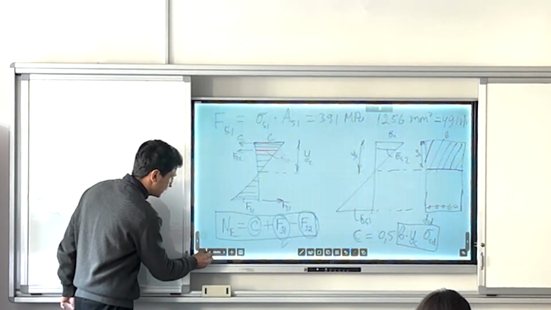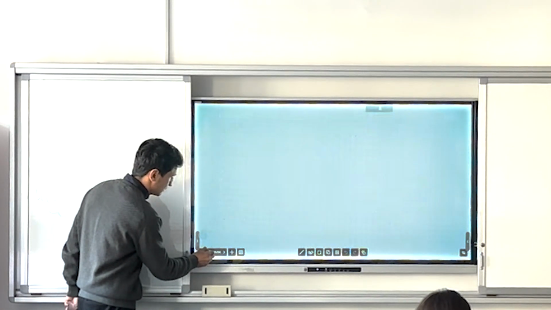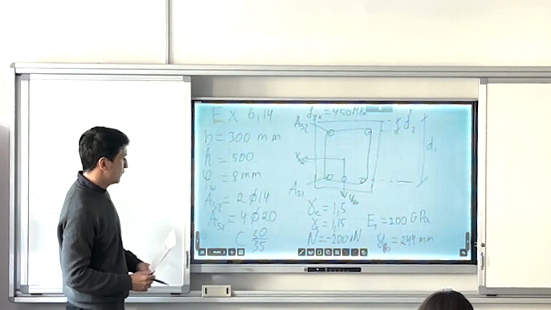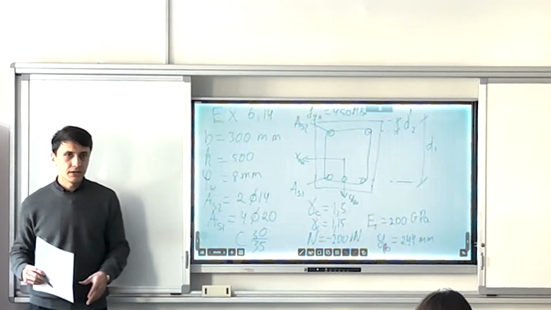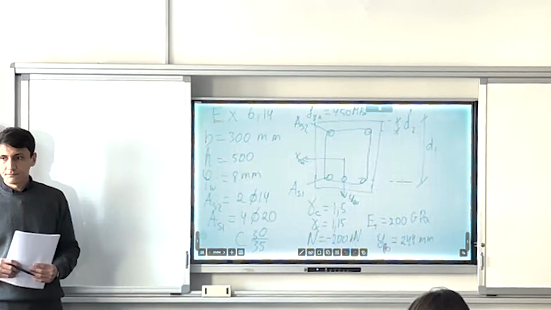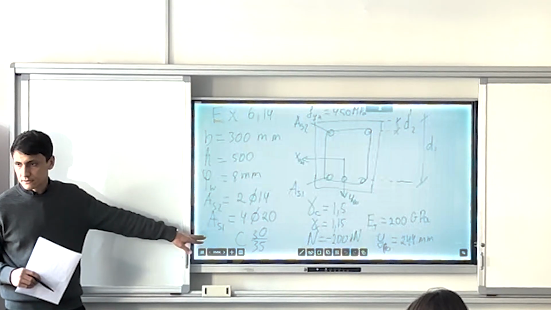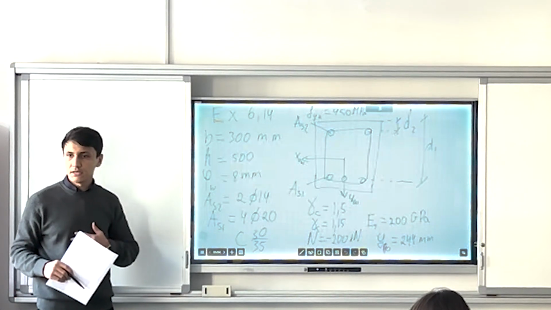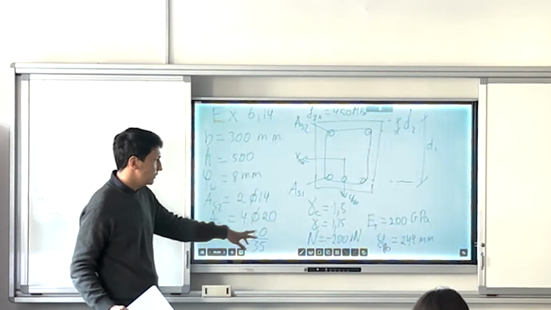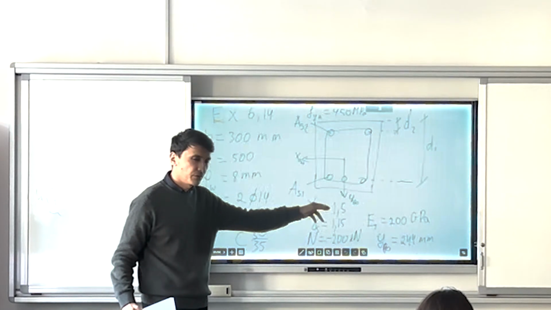So these are the data that we have. Our concrete class is C30/35, and the value will be provided. From the class, you need to find the design compressive strength of concrete. You know the safety factor, which is 1.5.